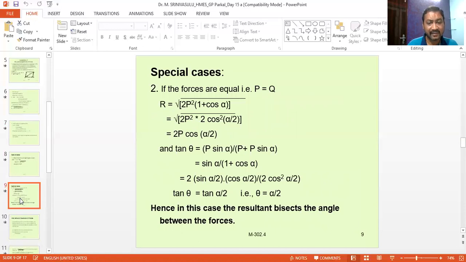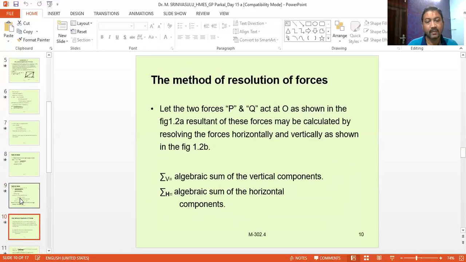The second case is if p is equal to q, R becomes 2p cos alpha by 2, and theta becomes alpha by 2. And we also studied the resultant of a given force system by the method of resolution of forces.